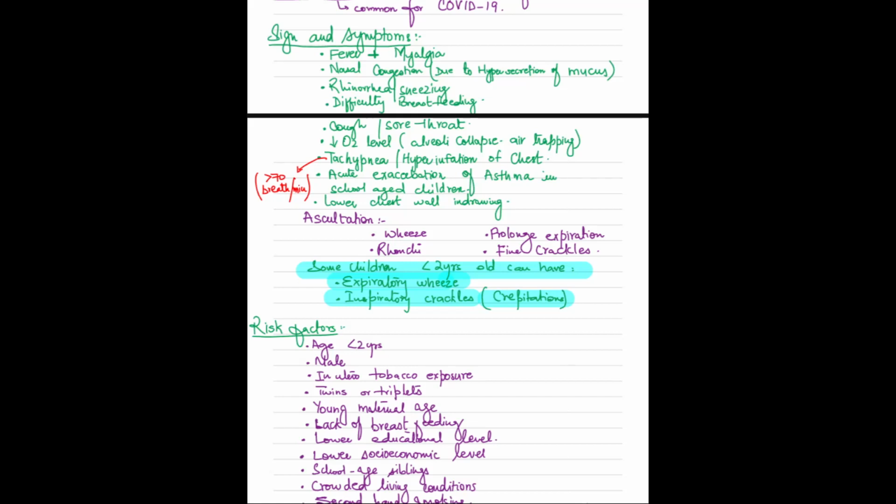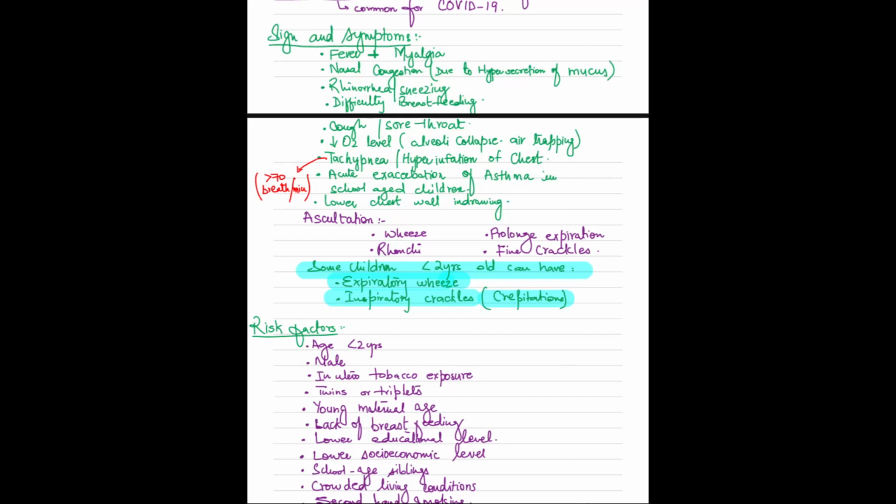Child might come with tachypnea, the breathing rate going up to more than 70. Hyperinflation of the chest. If the child is asthmatic, like a school age child, they will have acute exacerbation of asthma. Lower chest wall indrawing is also seen in severe cases.